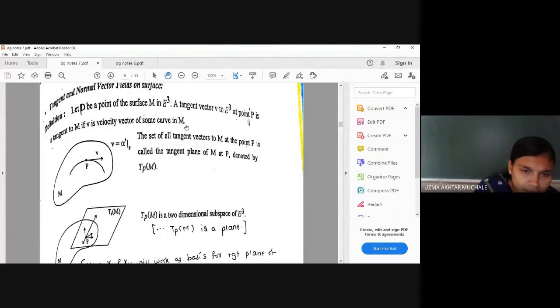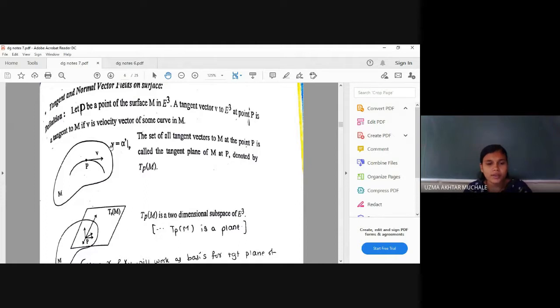If you remember, in the first chapter we studied what is a tangent vector for a curve. If you have a curve, then how do you find the tangent vector to the curve? The tangent vector to the curve is nothing but the velocity vector. Those who have studied the first chapter can understand why the velocity vector is tangent to the curve. So if I want to find the tangent vector to the surface, it is equivalent to finding the tangent vector on the curve.